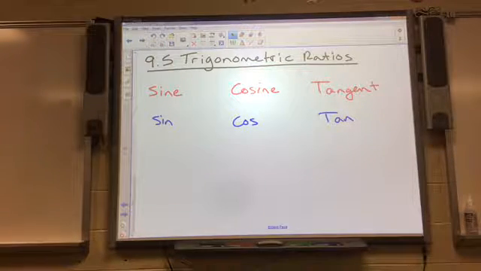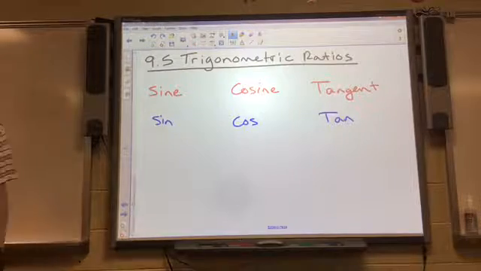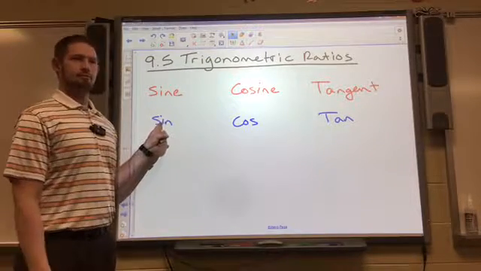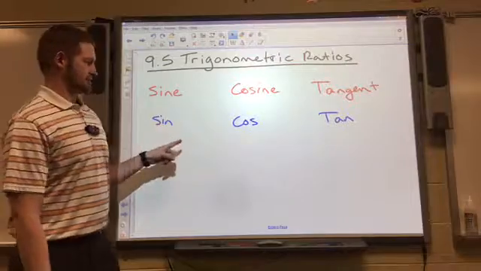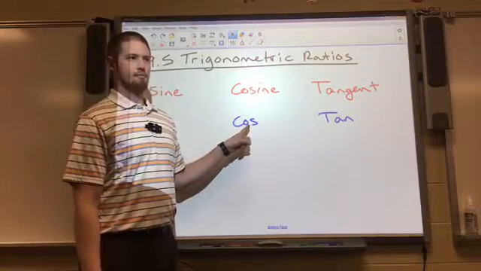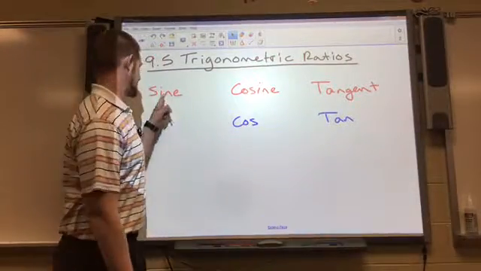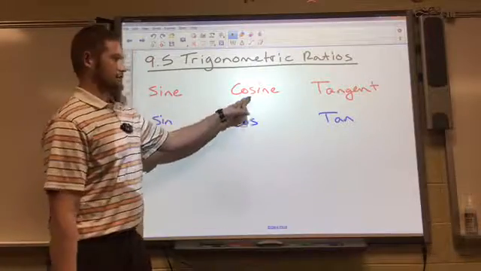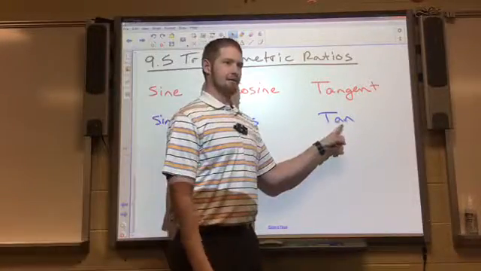Now we had to correct a little confusion here. In the last class, is this sin? No. Is this cos? No. That's sine, right? That's cosine. Is this tan?